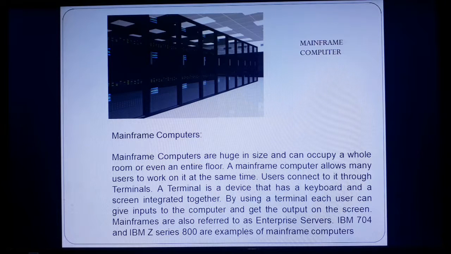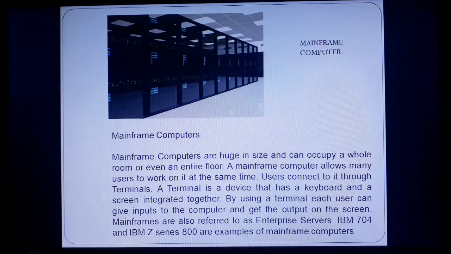Enterprise servers means, as I think all of you are aware, that all the banks have their main server. The main server is basically used to hold the data of all branches of the same bank. So these are the enterprise servers.